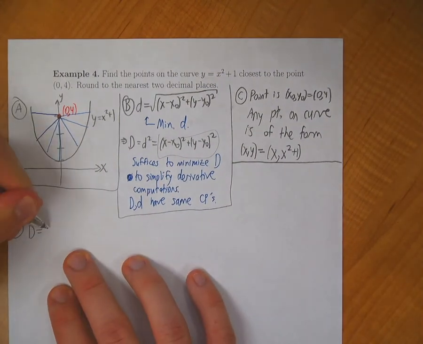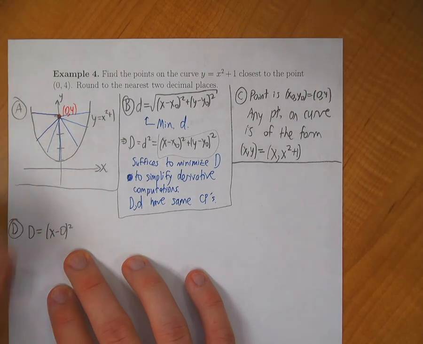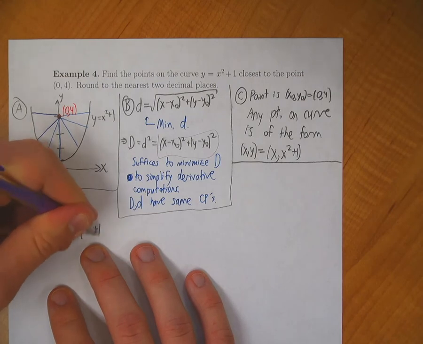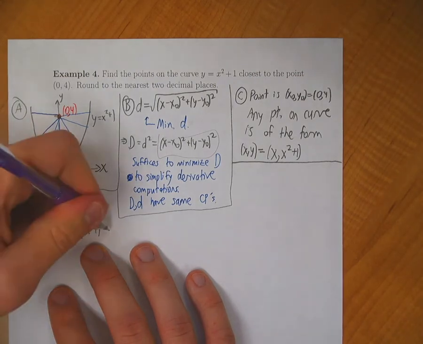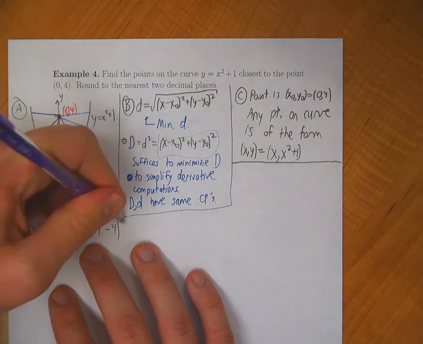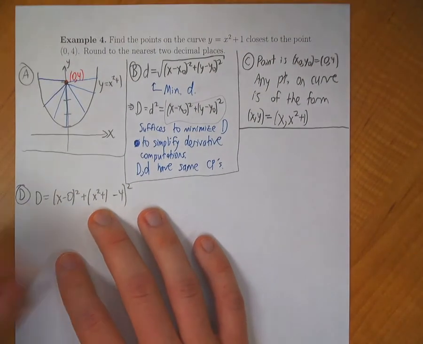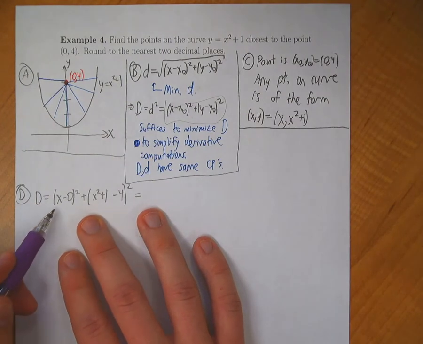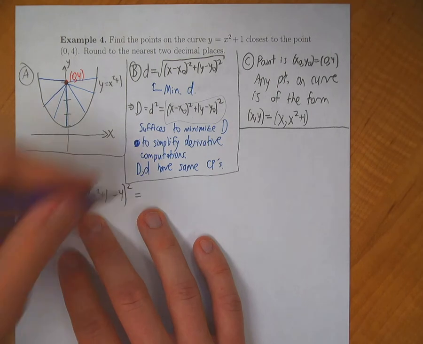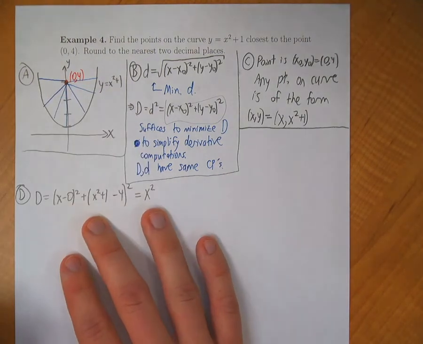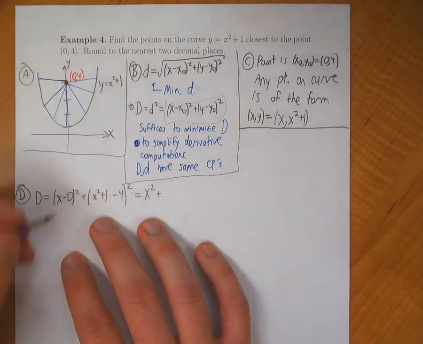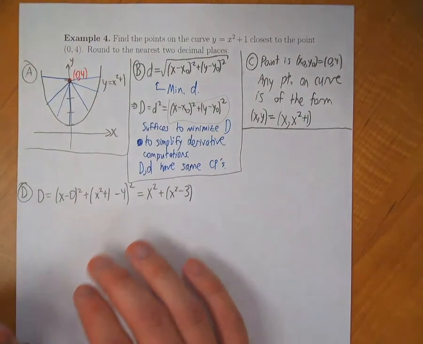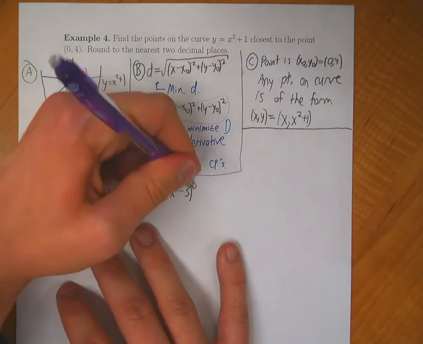So we have D equals (x minus 0) squared plus (x squared plus 1 minus 4) squared. What you notice is that (x minus 0) squared simplifies pretty nicely to x squared. And this part here simplifies to (x squared minus 3), quantity squared.